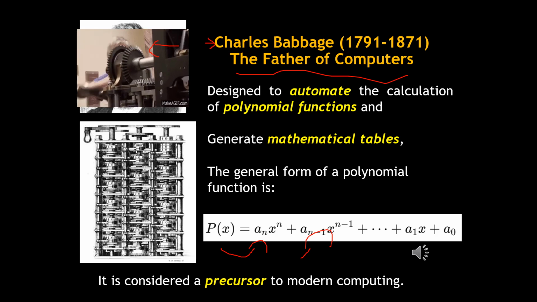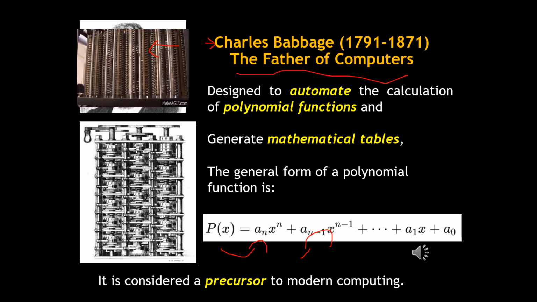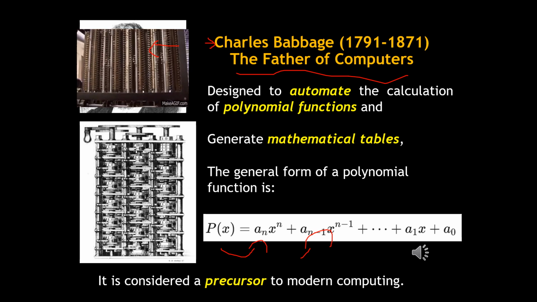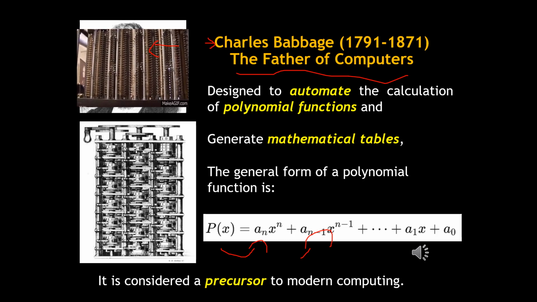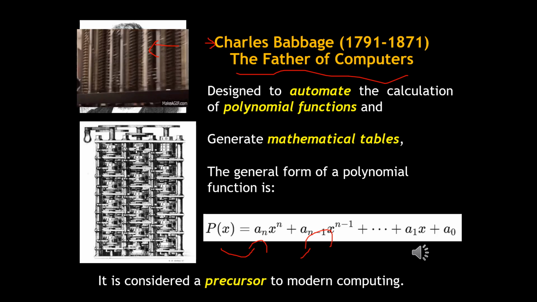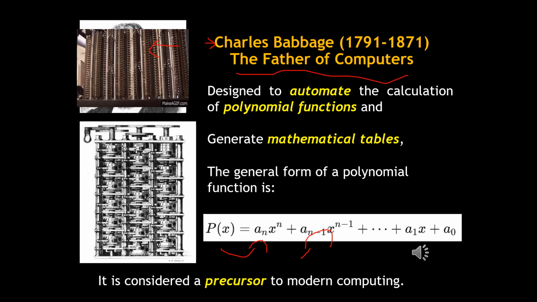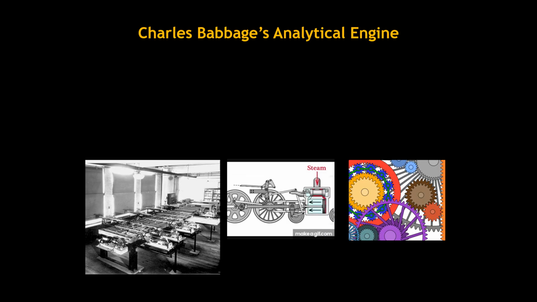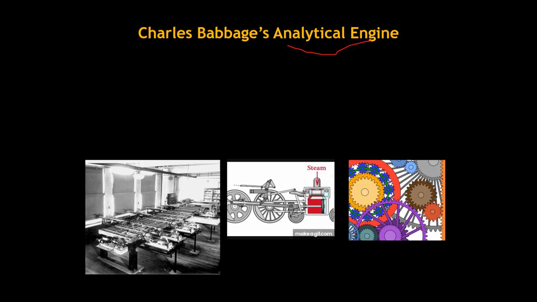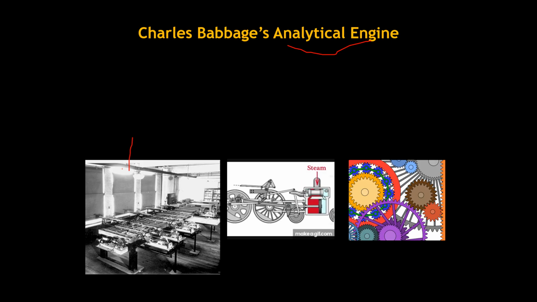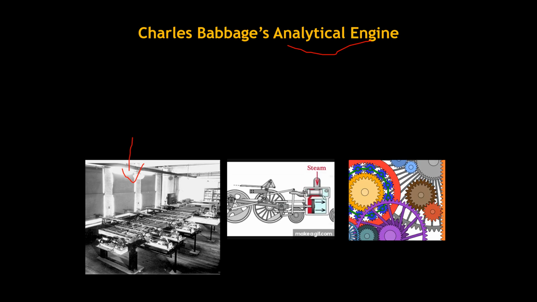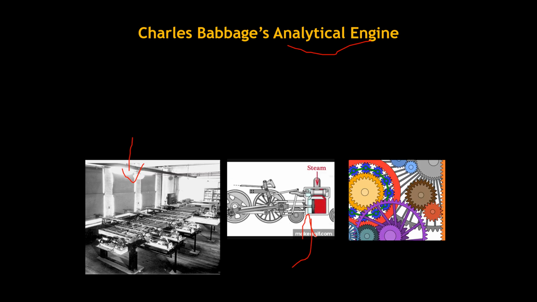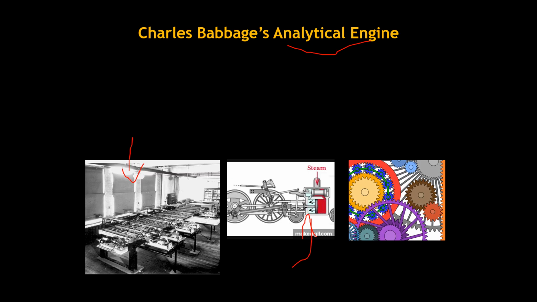In the crash course, I will leave the link of early computers. They talk about this in much more detail, about Charles Babbage, that I'm summarizing a lot. Then he had a second version of a machine called the analytical engine, and here is the analytical engine. In the later versions he had a steam engine. The steam was creating the power, so there was no need for somebody to move it.